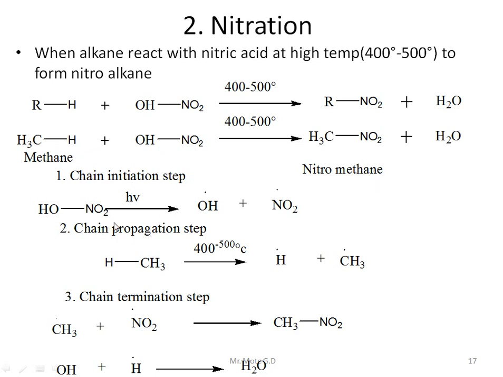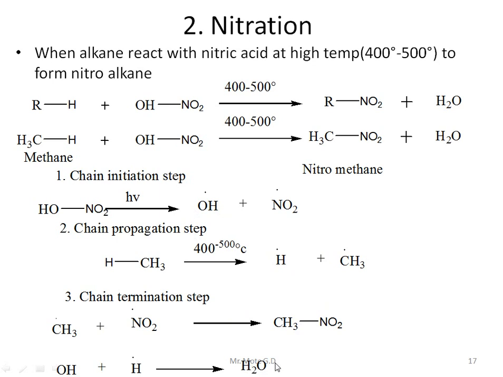The mechanism: initial ionization of nitric acid forms NO2 and OH- ion. In chain propagation, CH3 ionizes to H and CH3. CH3 and NO2 combine to form nitromethane, and H and OH combine to form a water molecule.